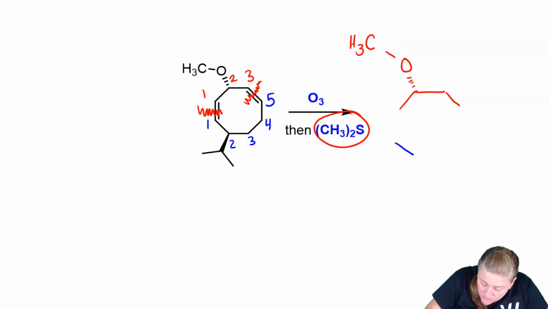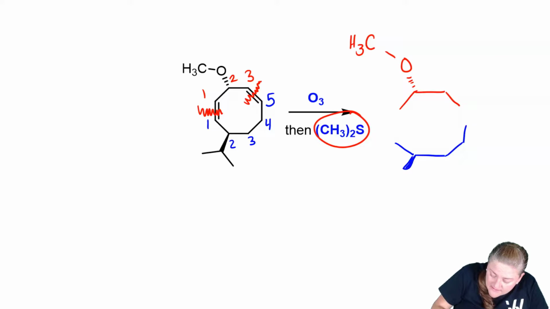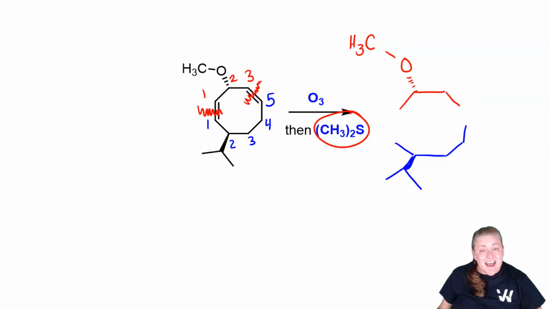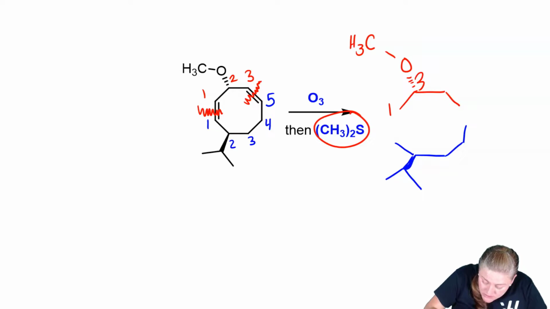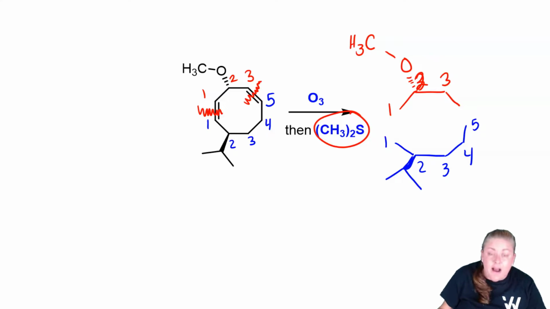So down here, 1, 2, 3, 4, 5, and I'm going to put this group in again, and you'll notice again that I haven't affected the stereochemistry where no chemistry has occurred. And just for good measure, I'm going to number these carbons because I want to keep track of things: 1, 2, and 3, and down here, 1, 2, 3, 4, and 5.